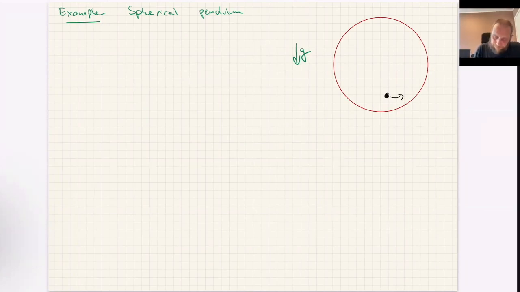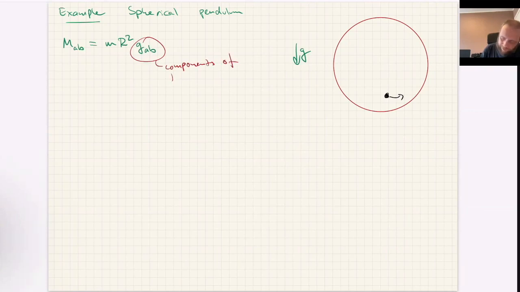So in this case, the components of the tensor M would be given by the mass of this particle times the radius of the sphere squared times g_ab, where g_ab here are the components of the metric on the unit sphere, so the sphere with radius 1.